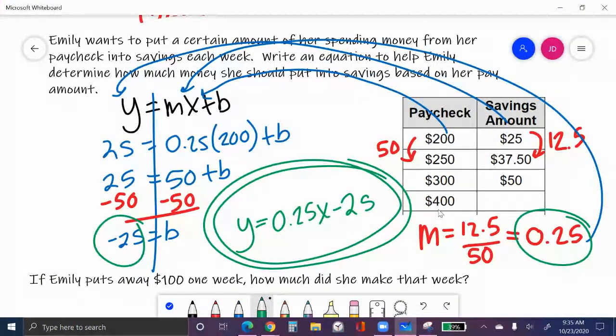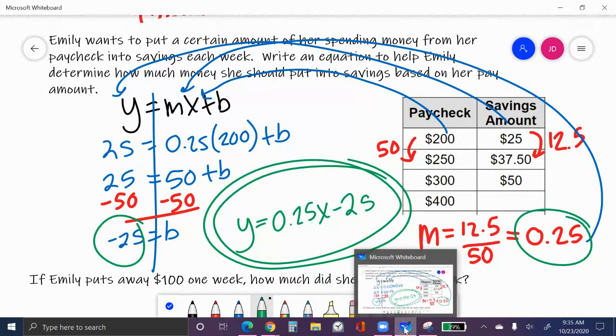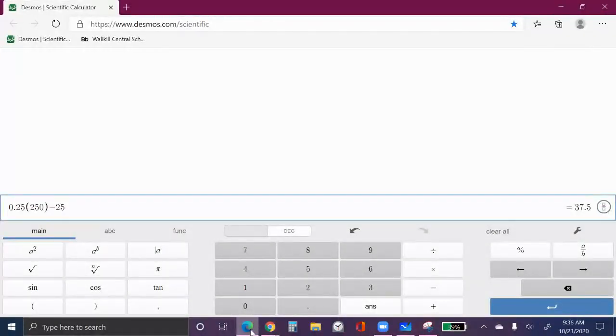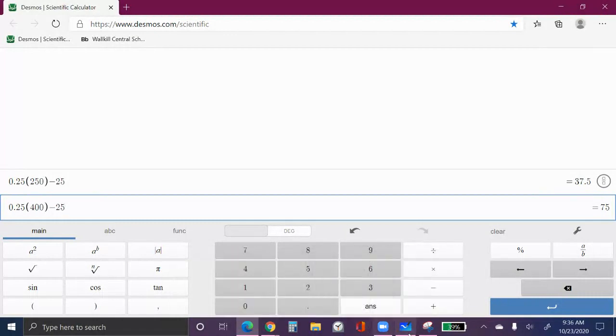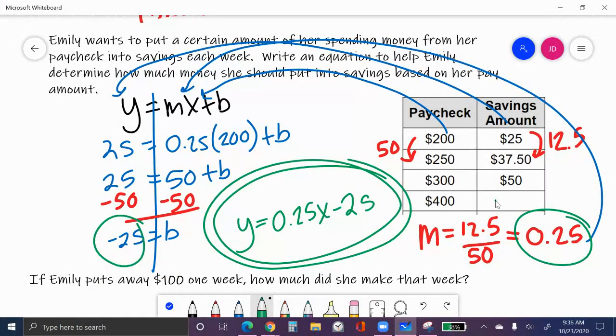So to figure out 400, you would do the same thing. 0.25 times 400 minus 25 is 75. So this here would be 75.